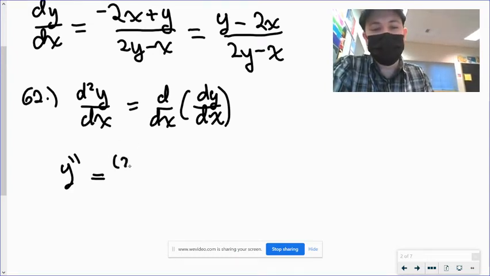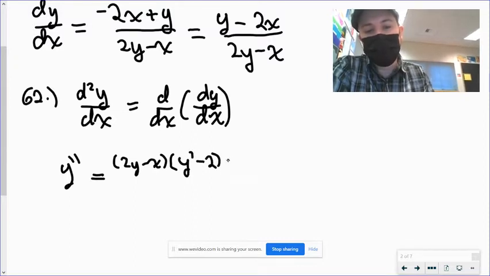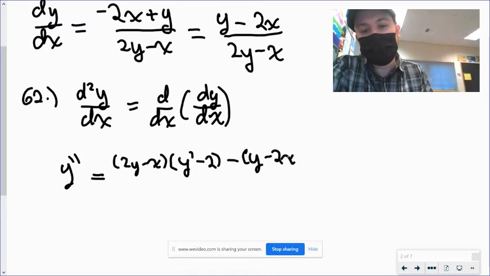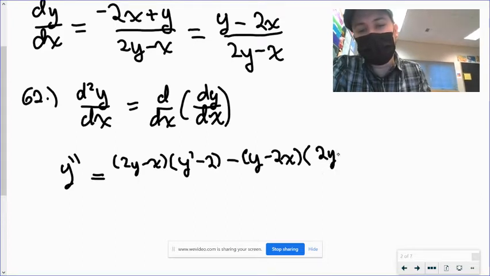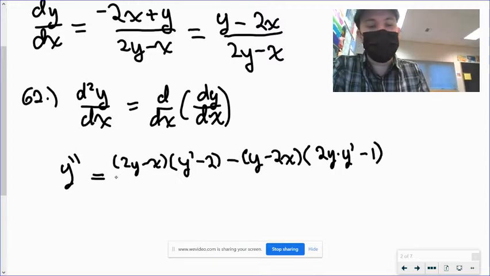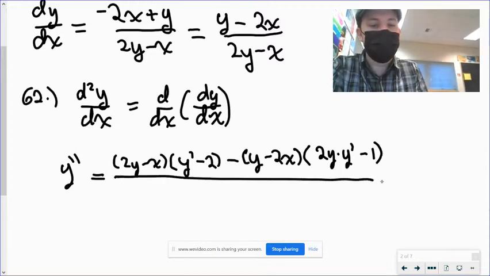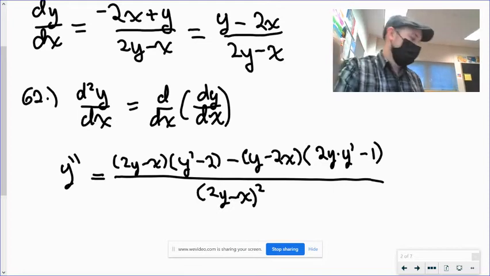So here's my denominator, 2y minus x, times the derivative of my numerator, which would be y prime minus 2, minus my numerator, as is, times the derivative of my denominator, which is 2y times y prime minus 1. This is all over the quantity in my denominator, 2y minus x squared.